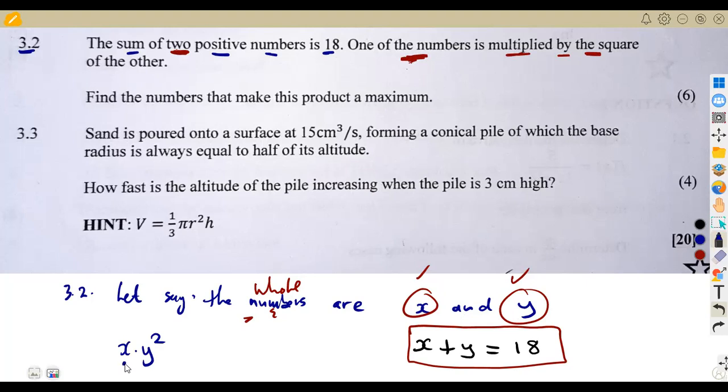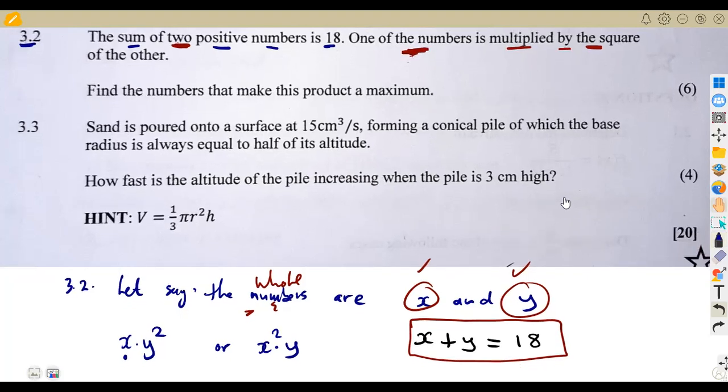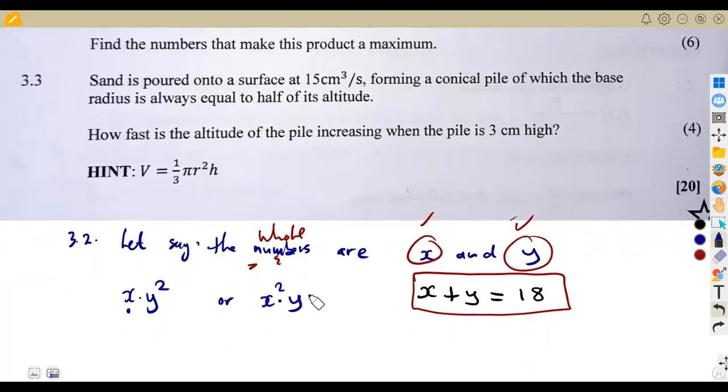Or we can choose to let x squared multiply y. So this is a condition of your choice, between these two: is it y squared that is multiplying x, or is it x squared that is multiplying y, because we are just dealing with one of the numbers in this case.